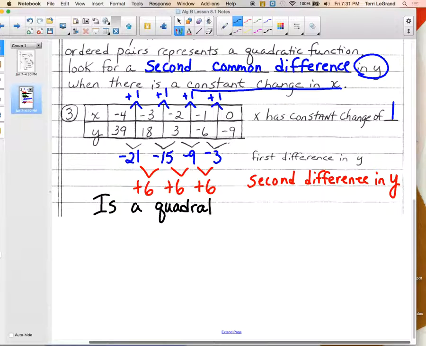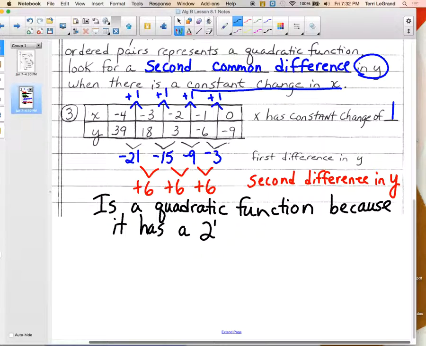So if we graphed this, we could count on a U-shaped graph, a parabola, because it has, we'll use the abbreviation for second here, a second common difference. Okay, and our work shows what that common second difference is.